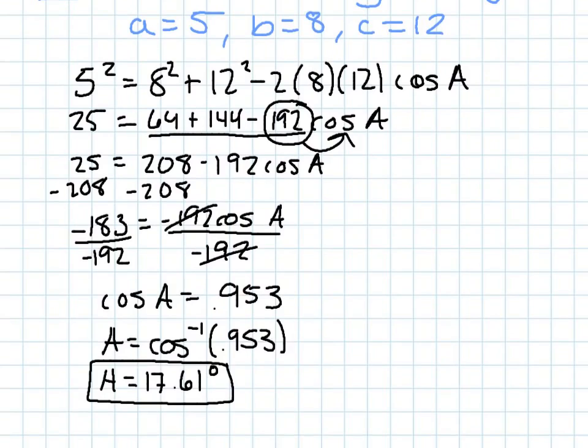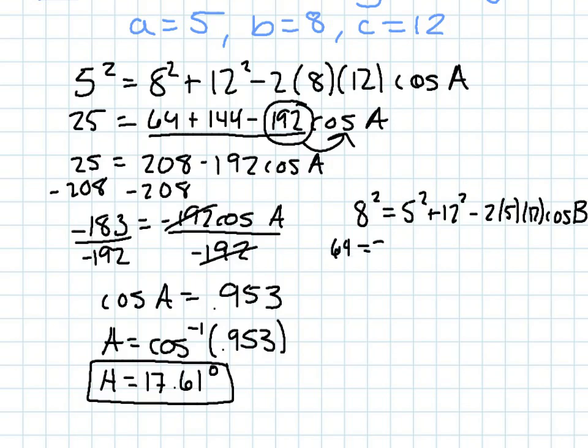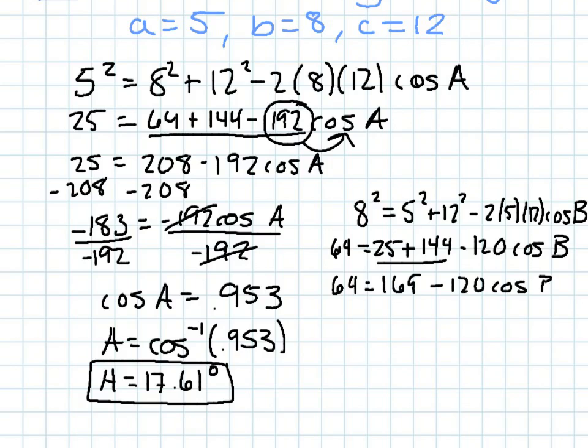So here, let's say I want to find angle B this time, so 8 squared equals 5 squared plus 12 squared minus 2 times 5 times 12 cosine of B. So here 64 equals 25 plus 144 minus 120 cosine of B. I'm going to put 25 and 144 together. That gives me 169. Subtract both sides by 169.